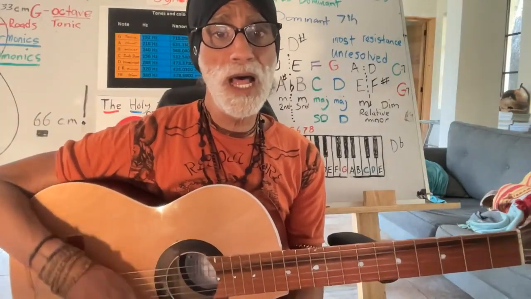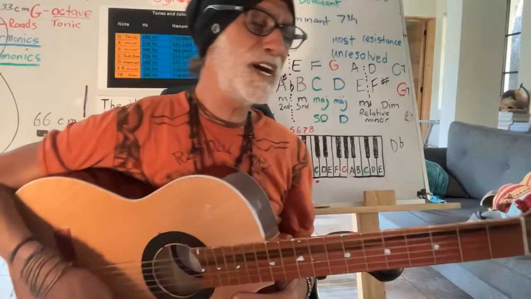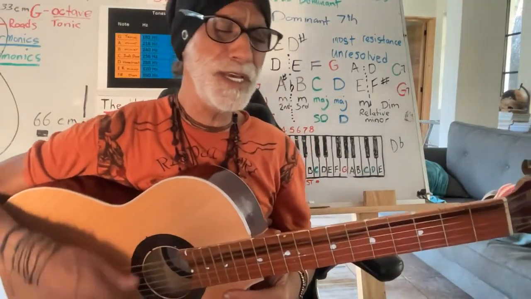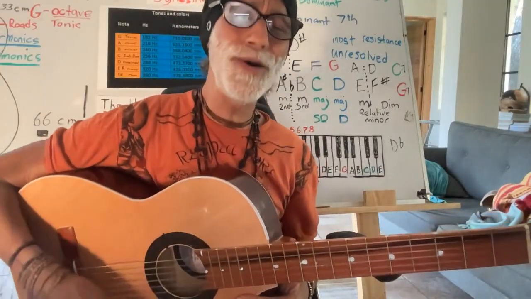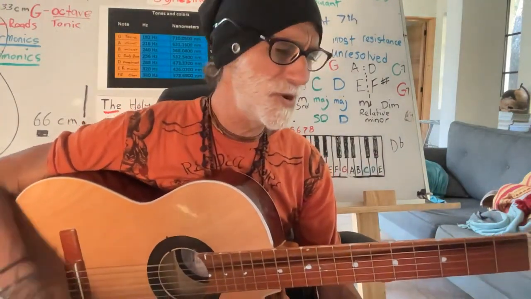Do, do, re, mi, fa, sol, la, si, do. I got the sixth a bit flat. Let me try that again. Do, re, mi, fa, sol, la, si, do. What am I doing wrong? But anyway, you get the idea, right?